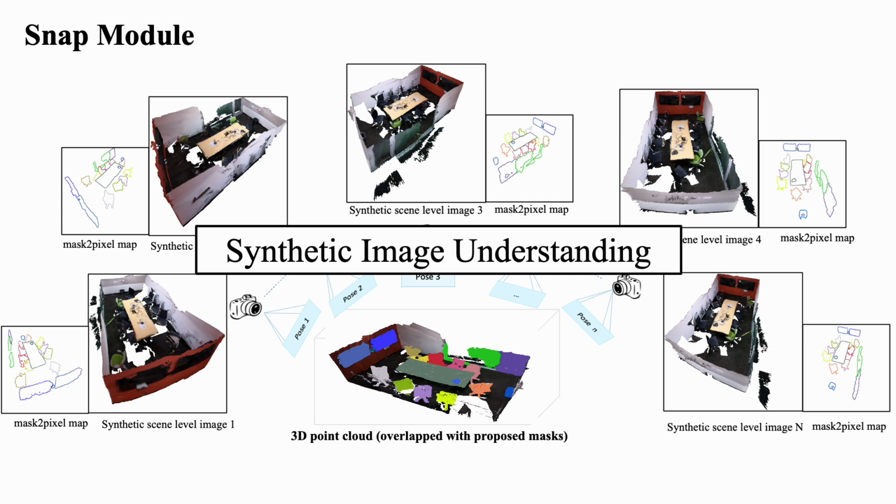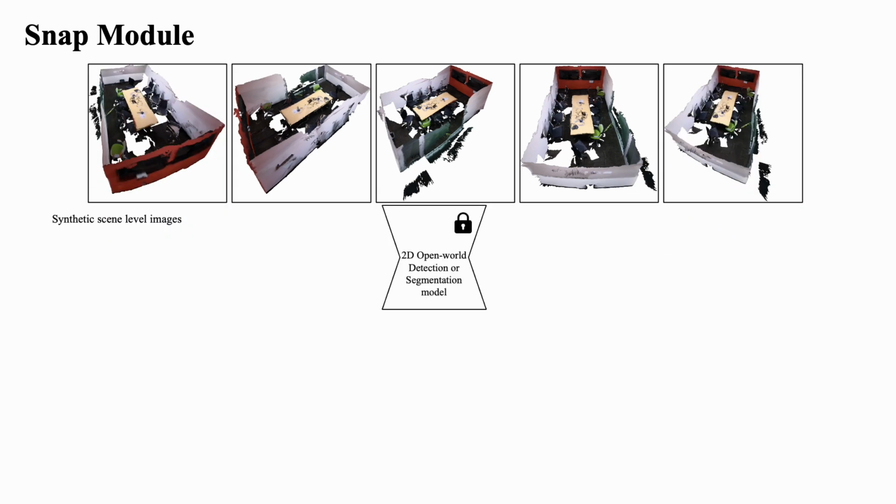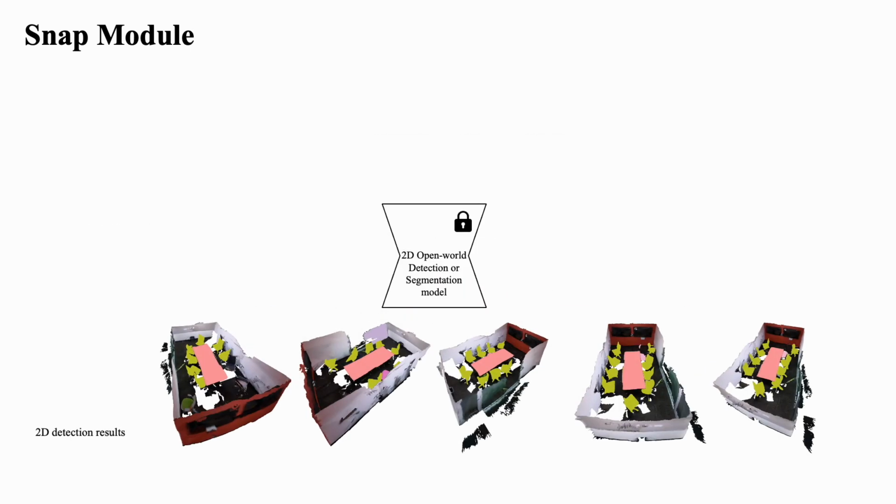The projected images are then fed into a 2D open-world detector to extract all interesting objects and their pixel locations. The detection results are stored in the class lookup tables as a final output of the snap module.